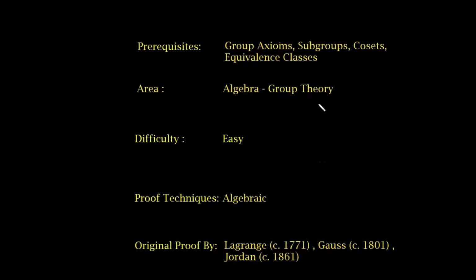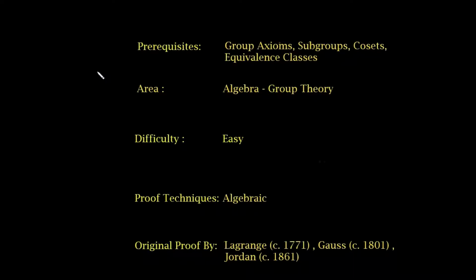Okay. So you're going to need to know what a group is, so you're going to need to be familiar with the axioms of group theory. We're also going to use concepts such as subgroups, cosets and equivalence classes. If you've taken an undergraduate abstract algebra course, you should have seen all of this stuff before.